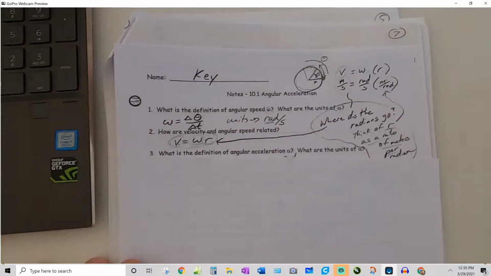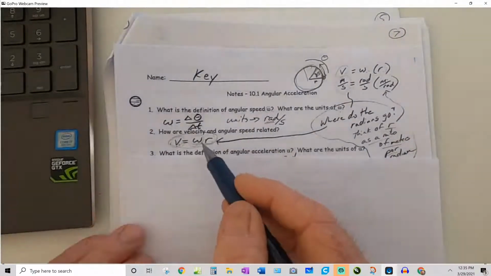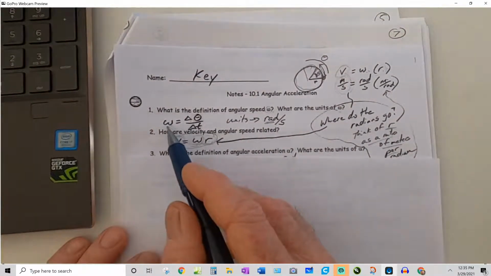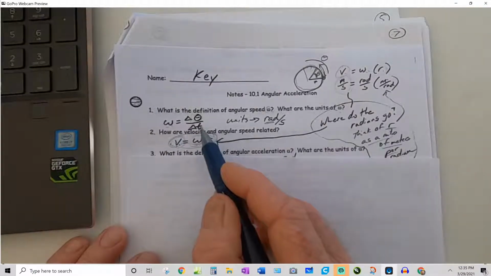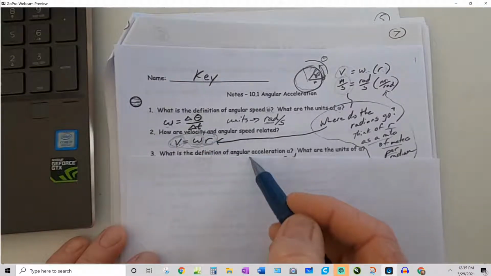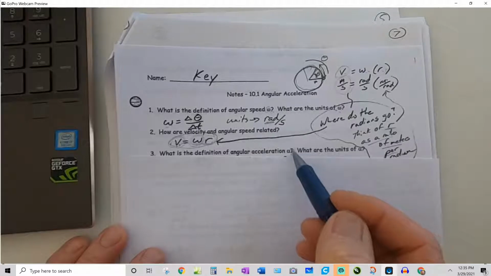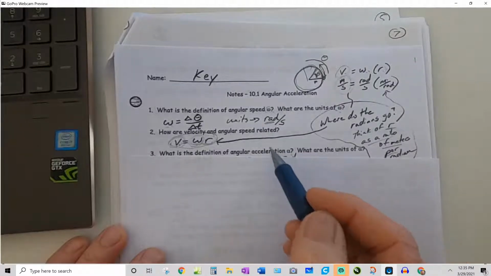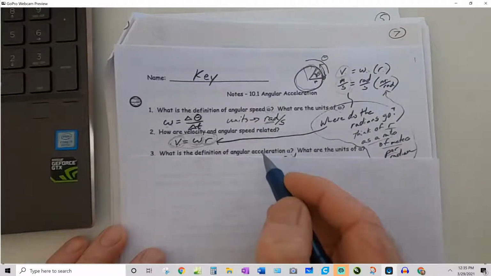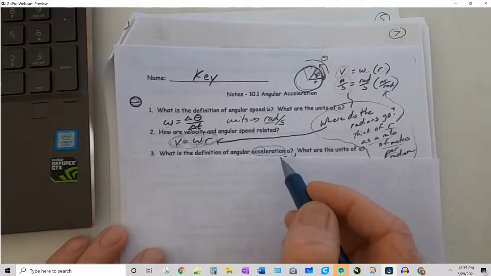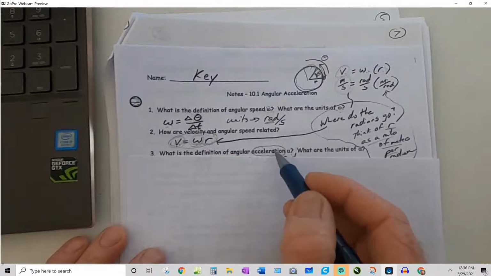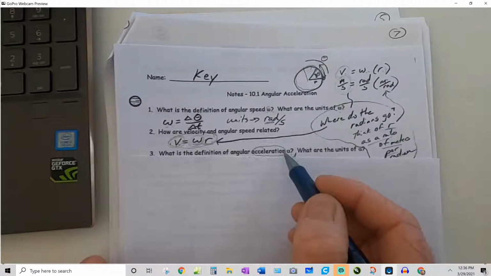All right, so if you buy into this, that angular velocity is radians per second, then to jump to angular acceleration, this is alpha, is not too hard. So acceleration is the change in velocity. So it's the amount of velocity that we add or subtract every second.